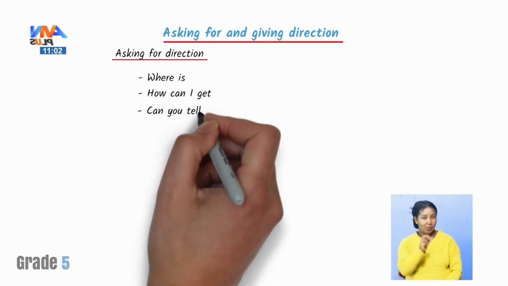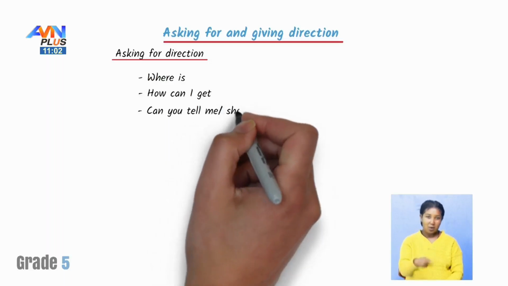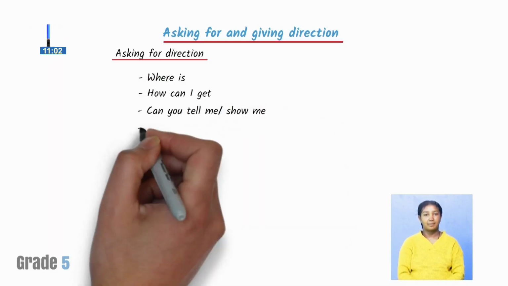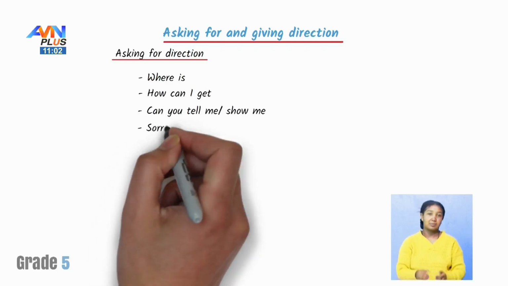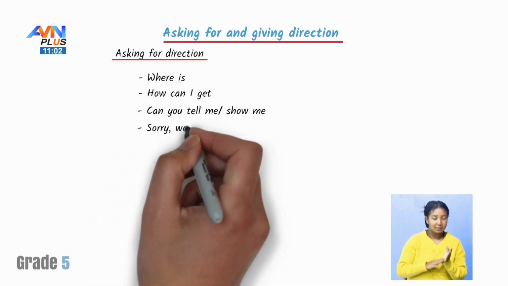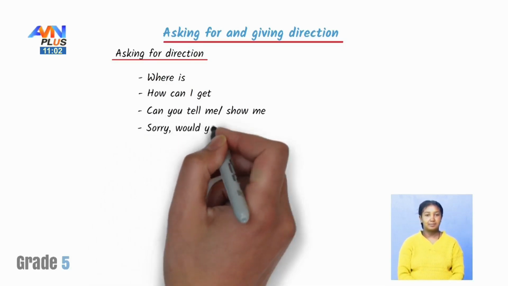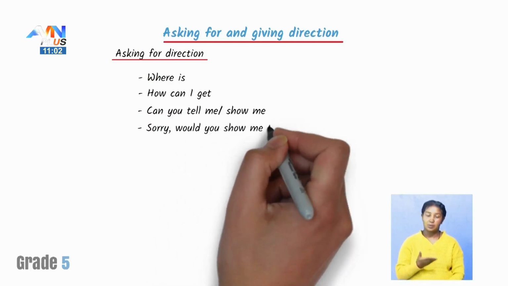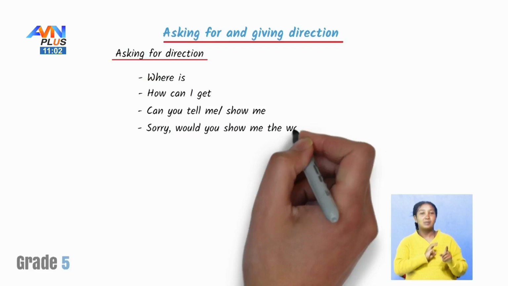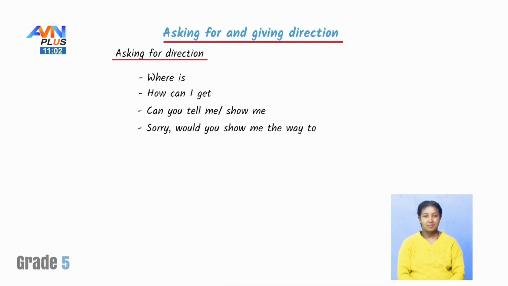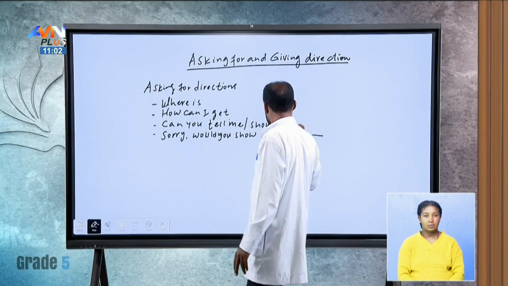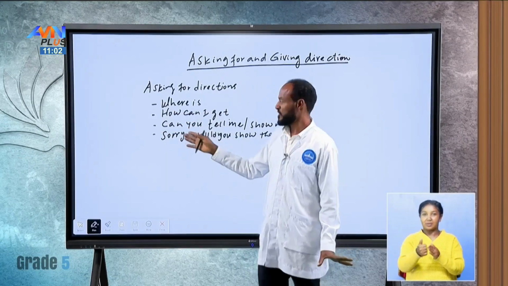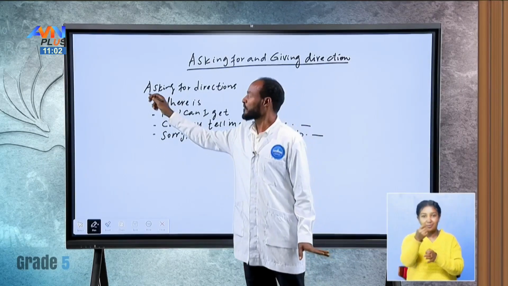Or tell me or show me. And also maybe you can say here, sorry, would you show me the way to, and so forth. By using this and others and the like expressions, we can ask for directions.